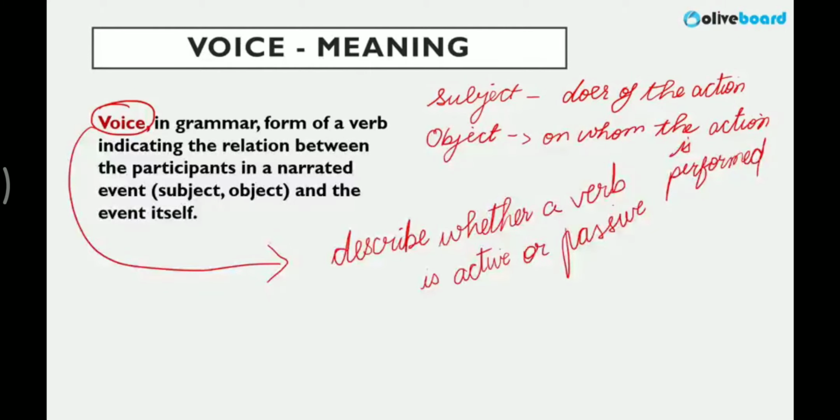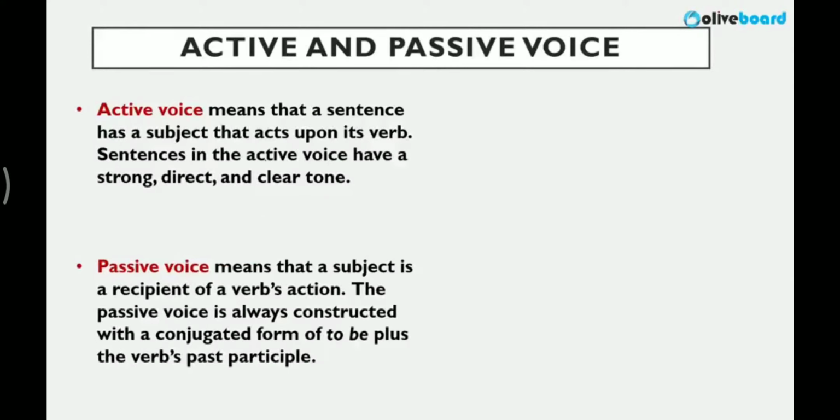So obviously you have understood the types. Active voice means the sentence has a subject which performs the action of its verb, right? Whenever you see the subject is performing the action, it's called active voice.